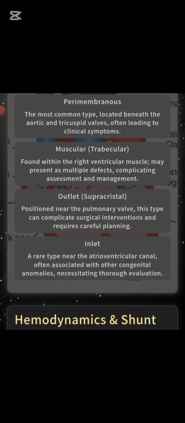Outlet supracristal, positioned near the pulmonic valve. This type can complicate surgical interventions and requires careful planning. Inlet, a rare type near the atrioventricular canal, often associated with other congenital anomalies, necessitating thorough evaluation.